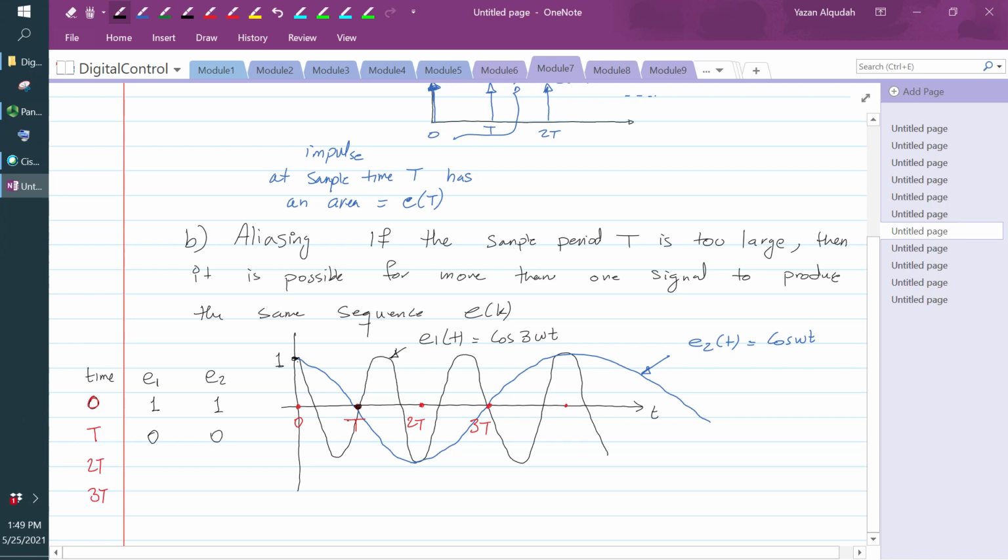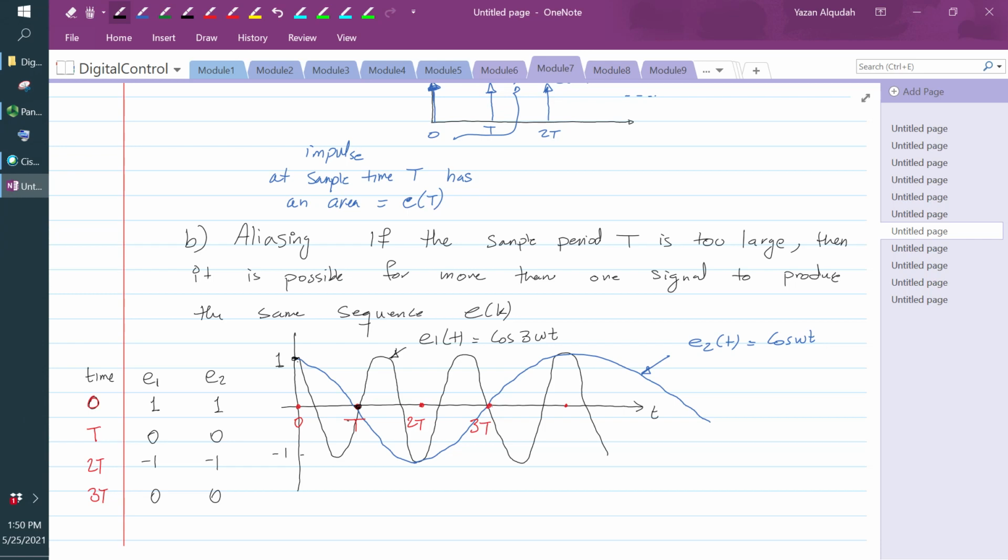At 2T, I'm going to get negative 1 and negative 1. At 3T, I'm going back to getting 0, 0. Now what do I notice here? If I gave you the samples, both of these sets of samples that I obtained from e1 and from e2 are the same. Therefore, I have no way of differentiating e1 from e2.